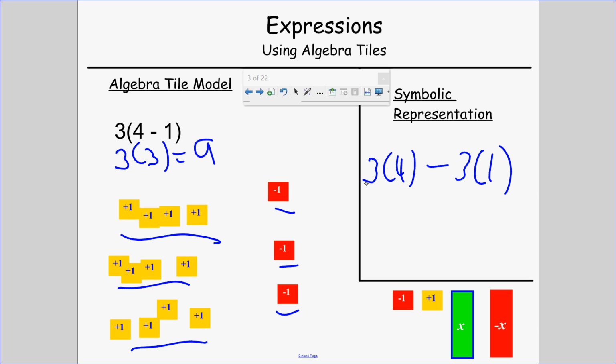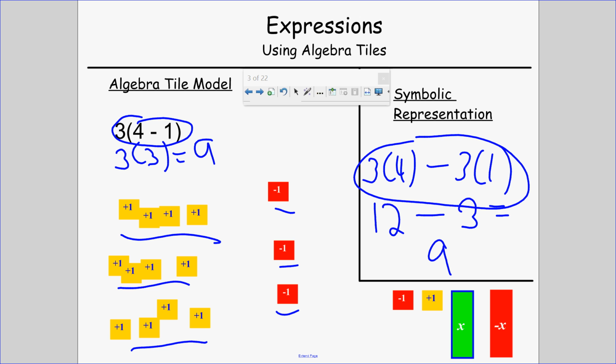So what is 3 groups of 4? 12. What's minus 3 groups of 1? 3. 12 minus 3 is equivalent to 9. So you can rewrite this expression as this expression, equivalent. We just generated an equivalent expression.